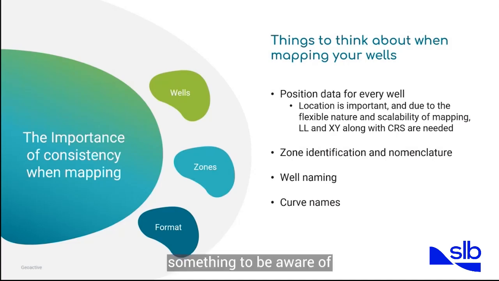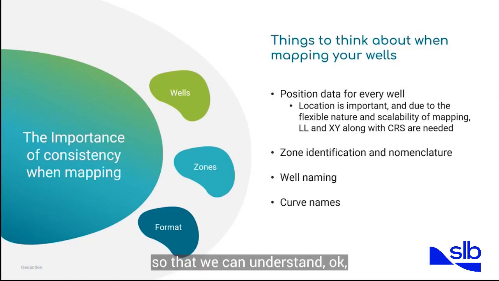Also something to be aware of is your tops, your zone identification. So if in certain wells you've been using 1, 2, 3 as your zones, and in other wells you've been using A, B, C, what we need to do to be able to grid between the wells is understand that actually 2 is B and C is 3 in the different wells. So there needs to be a consistency.